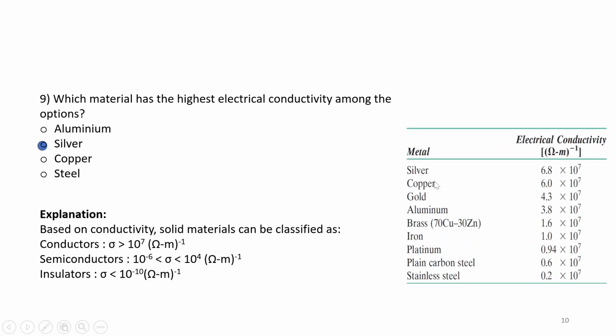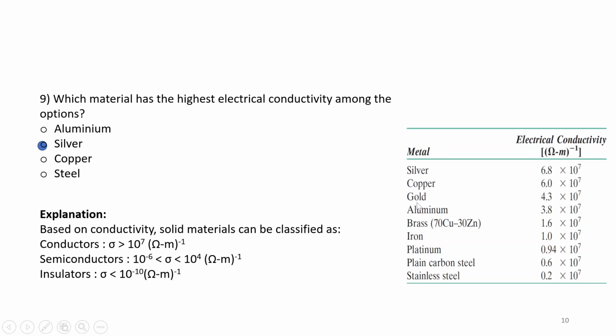Okay, so silver has the highest electrical conductivity, 6.8 times 10 to the power 7 inverse ohm meter. Copper has lesser than that, 6, and then less than that we have gold 4.3, and then less than that we have aluminum 3.8. Now aluminum and copper are the ones that are less expensive.